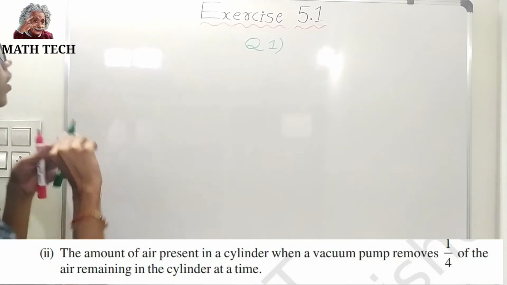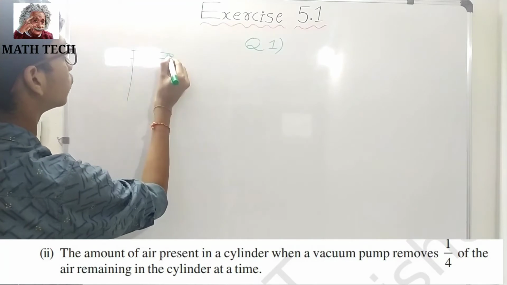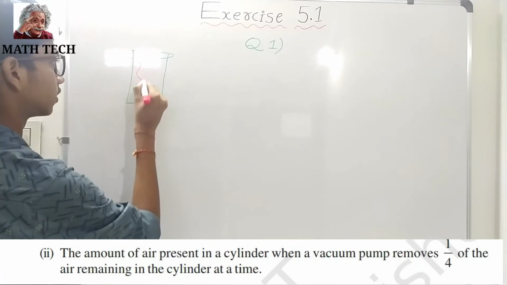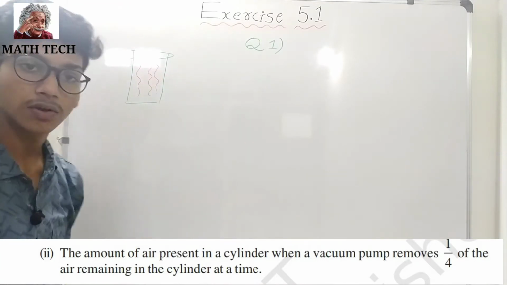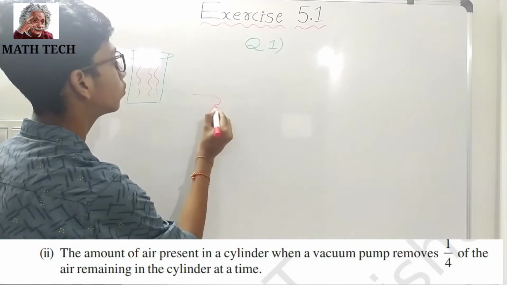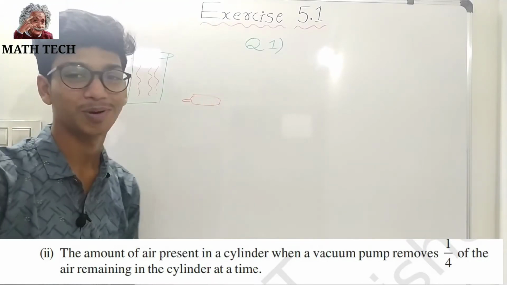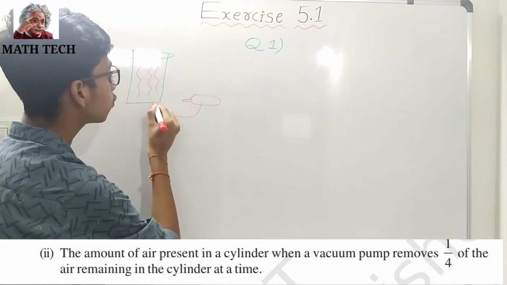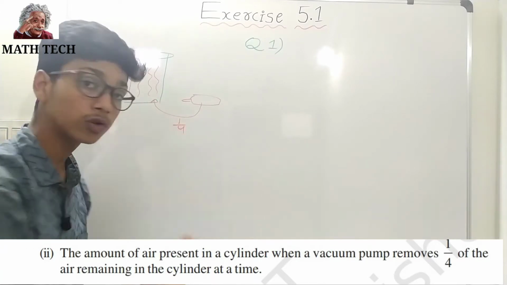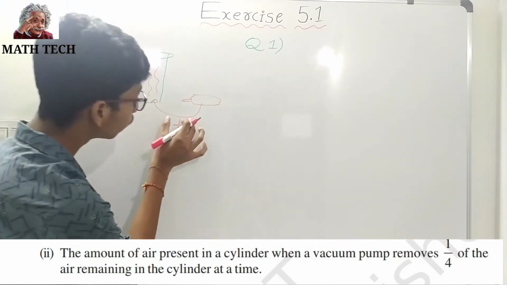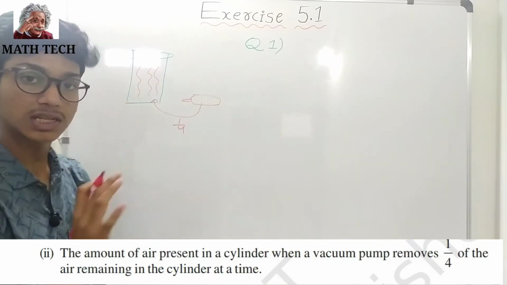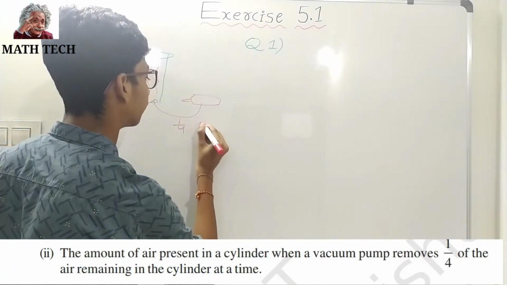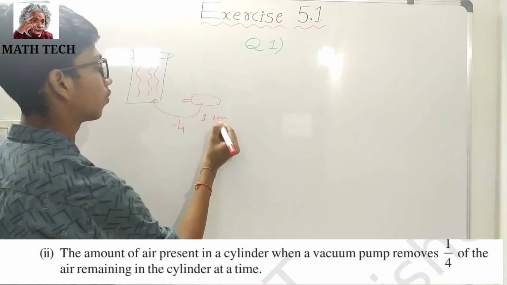So I will explain it now. Let's assume you have a cylinder, and in the cylinder the gas is filled, and you have a vacuum pump. The vacuum pump removes 1/4 part of the air in the cylinder in one cycle, one time.